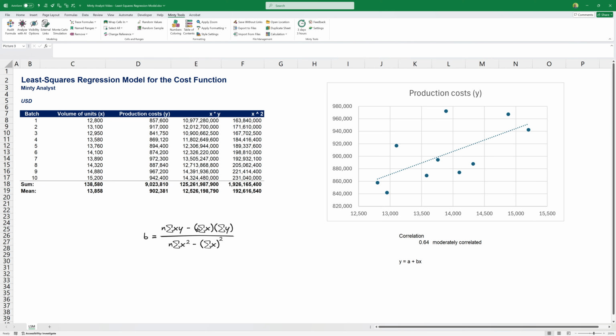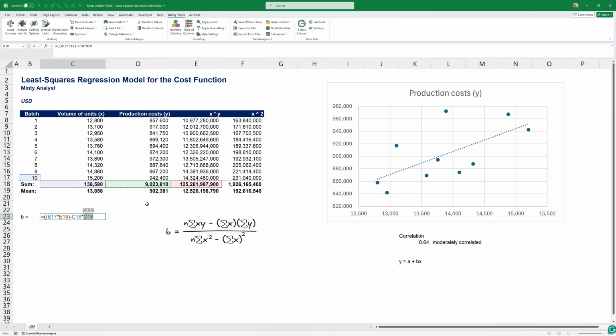And this means that now I can use this formula to calculate b. I say b equals, and here equal bracket bracket, I'm gonna say 10, this here, multiplied by the sum of x multiplied by y, so this thing here, minus the sum of x, which is this thing here, multiplied by the sum of y, which is this thing here.